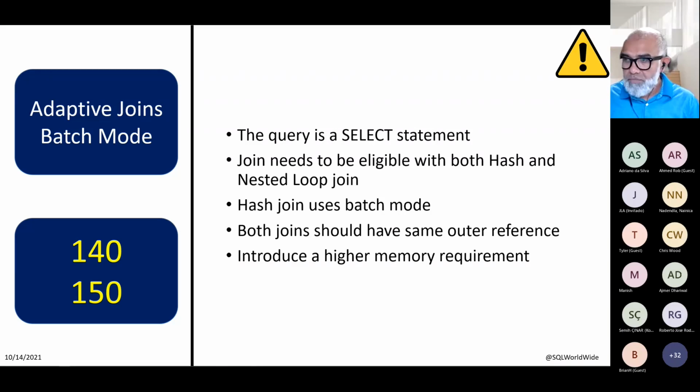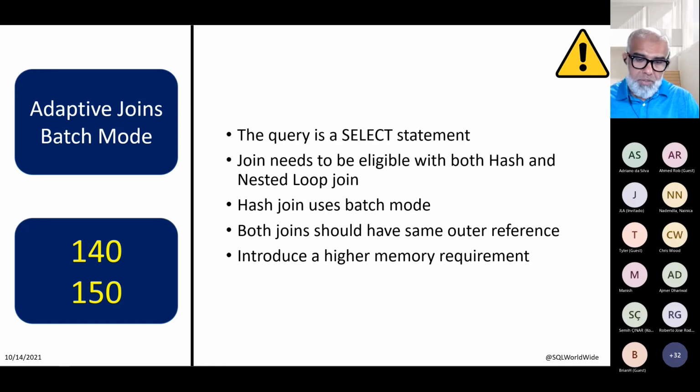And this might introduce a higher memory requirement. I put a URL at the end to read more about this, because now it has to check a few more things, so you might end up spending a little bit more memory.